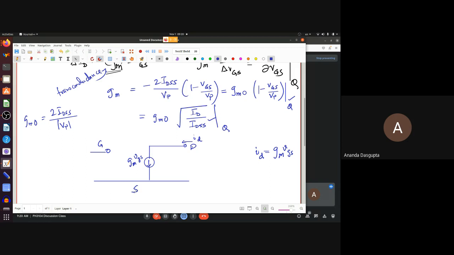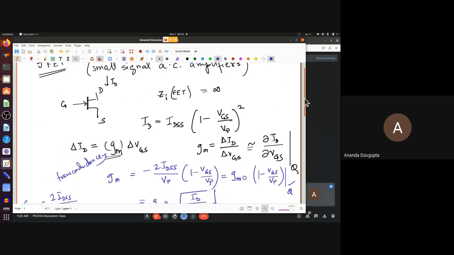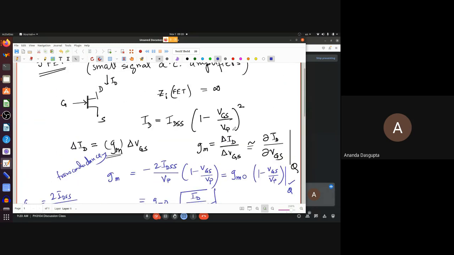No connection between gate and source, and a controlled current source, gm vgs, between the drain and the source. That's it. And frankly, this is almost adequate for most circuit analysis. Indeed, if you looked at this equation, you would say not only is this adequate, this is all you can really do. At a linear level, this is exactly what this is.